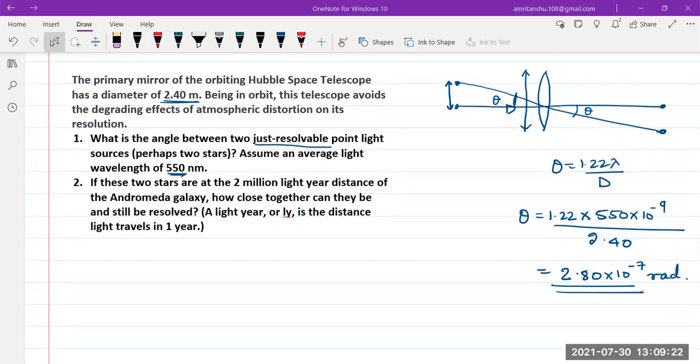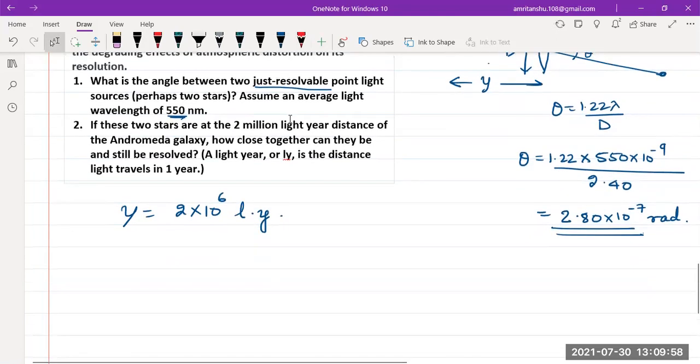So these two stars are 2 million light years of distance. I think we can get an approximate distance between these two stars. I just need to calculate this s dash. Because I've already taken a diameter d, I will take this as y, and y here is 2 into 10 raised to 6 light years.